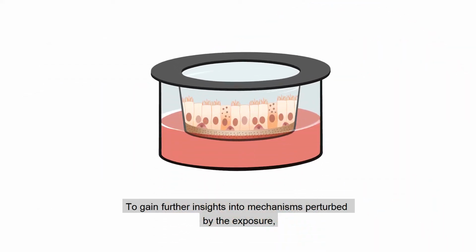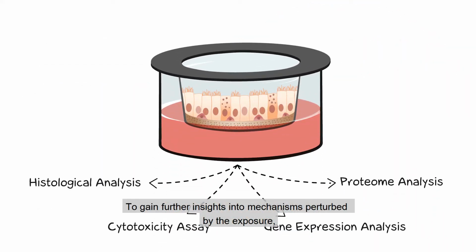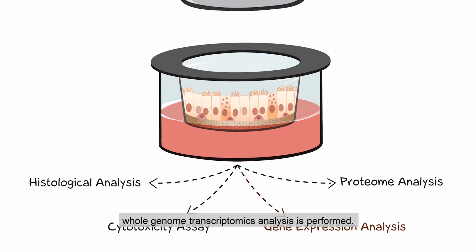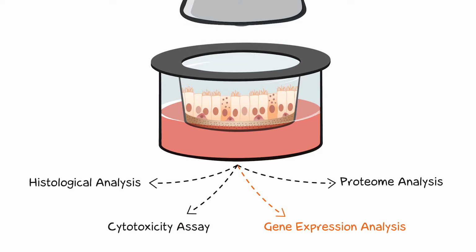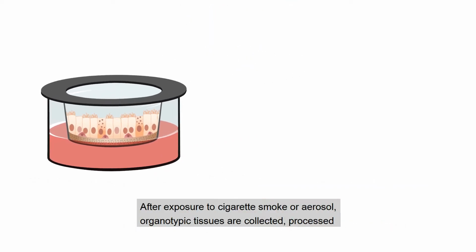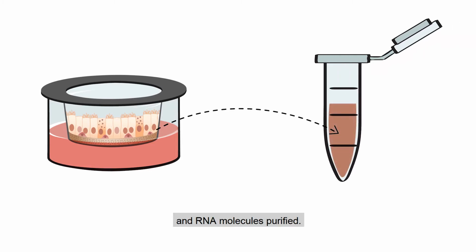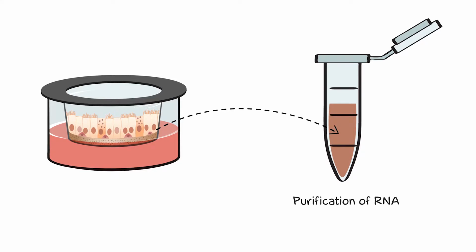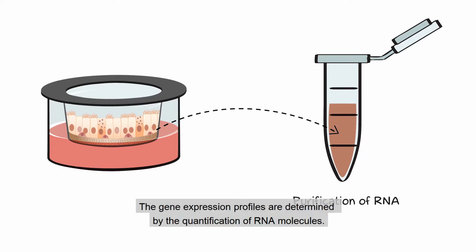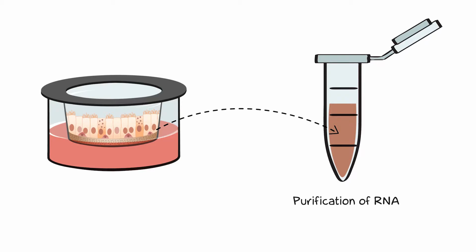To gain further insights into mechanisms perturbed by the exposure, whole-genome transcriptomics analysis is performed. After exposure to cigarette smoke or aerosol, organotypic tissues are collected, processed, and RNA molecules purified. The gene expression profiles are determined by the quantification of RNA molecules.